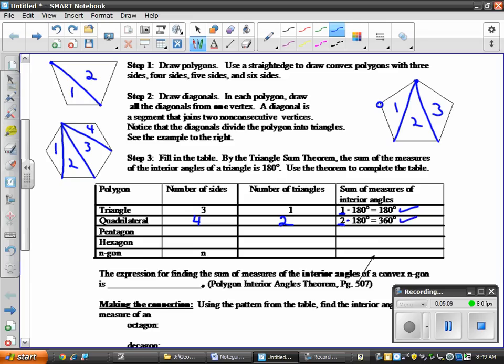And if you know anything about quadrilaterals, when you add the four interior angles, that confirms what we've talked about in previous math classes, which is that the four angles in a quadrilateral add up to 360. Think about a square, a rectangle, and so on.